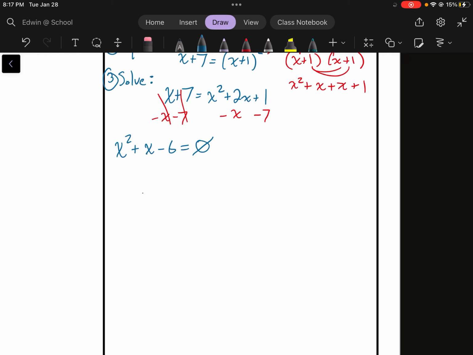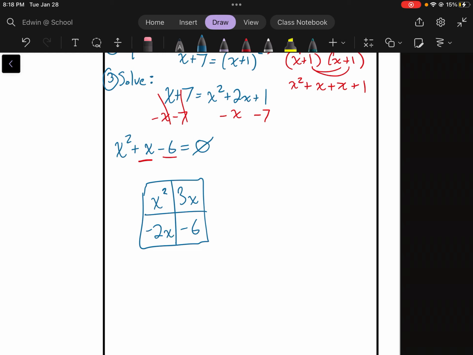So first thing you want to do is draw a box like this. So you do x squared and then negative 6. And now we need to think of two numbers that multiply to negative 6, but add up to a positive 1. And if you need to review how to factor quadratic equations, then review those lessons.